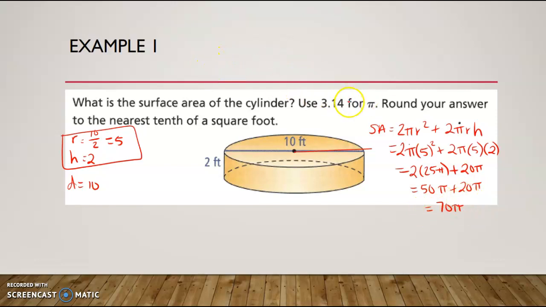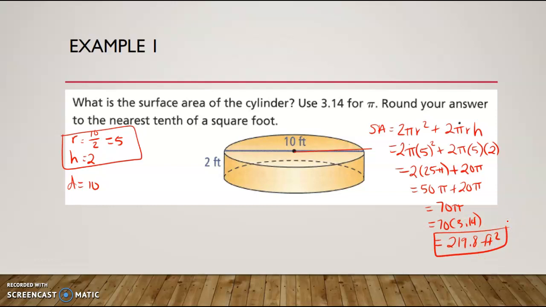Now, it wants us to use 3.14 and to figure out to the nearest tenth. If it says in terms of pi, 70 pi would be our answer. Now we're going to take 70 times 3.14, and we end up with 219.8 feet squared as our answer.